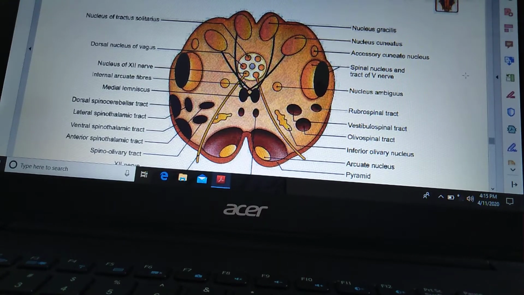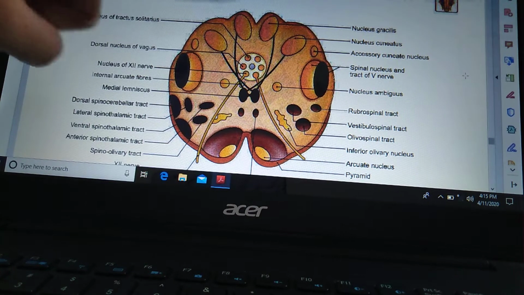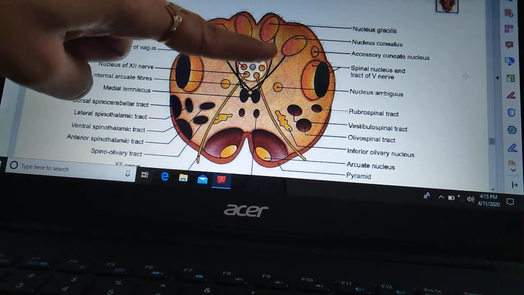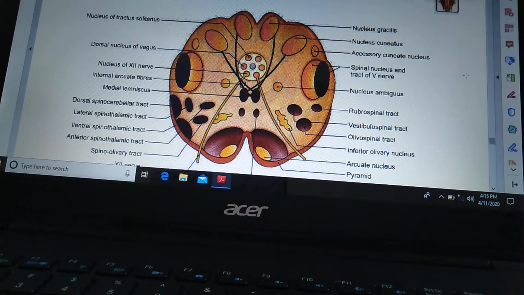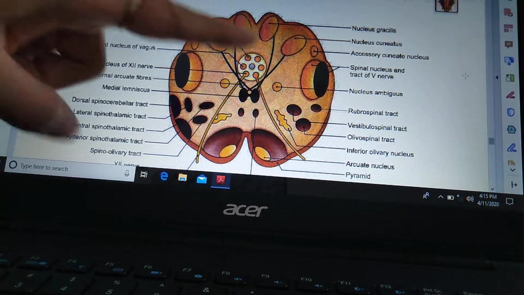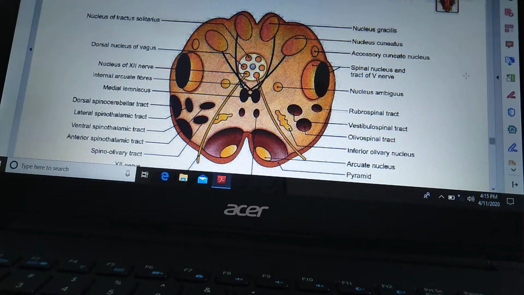The nucleus gracilis and nucleus cuneatus, if you observe, are much larger as compared to the previous diagram, and they are separate from the central gray matter. The fasciculus gracilis and fasciculus cuneatus are not seen here, so they end at these nuclei.